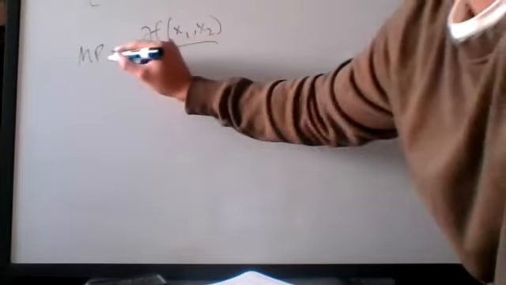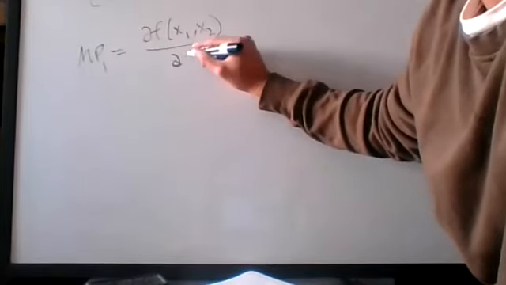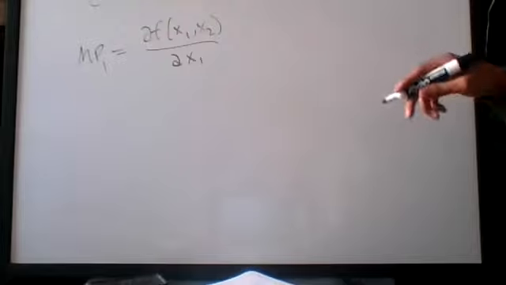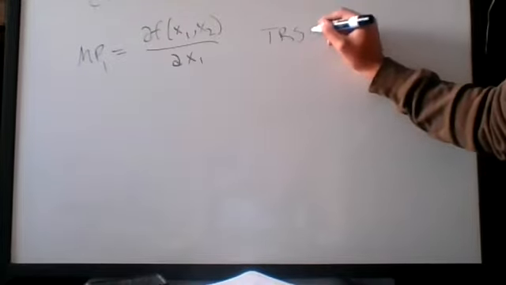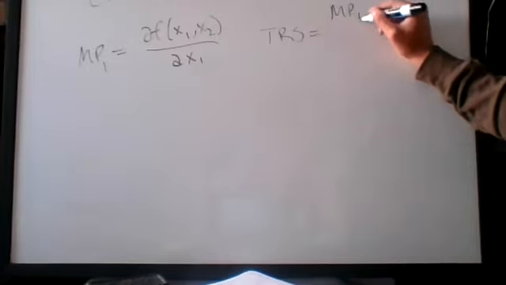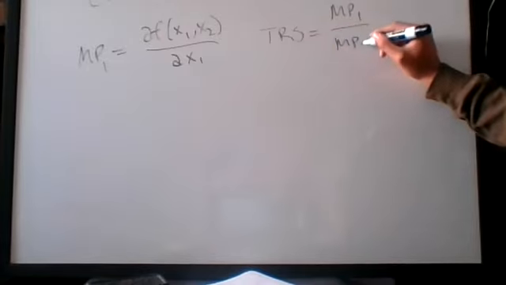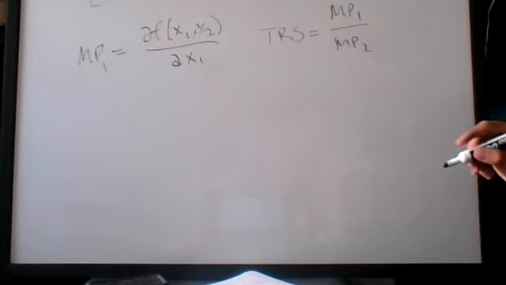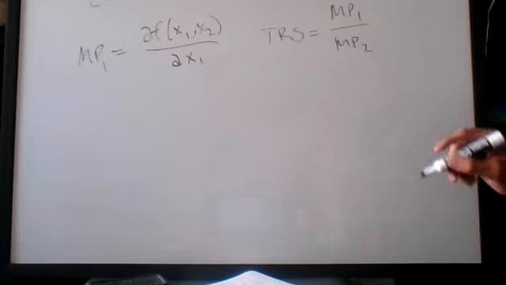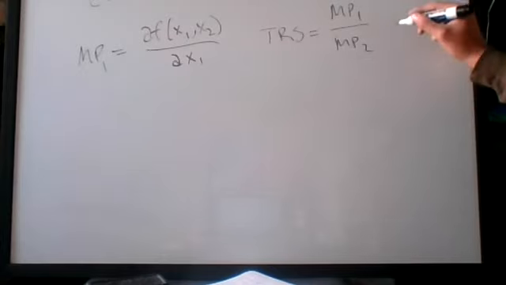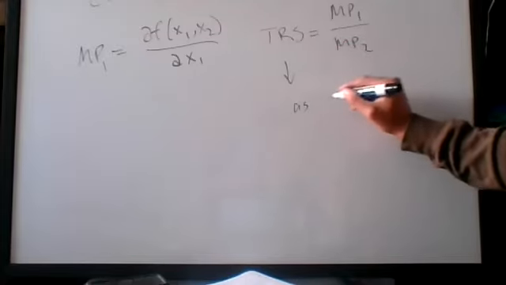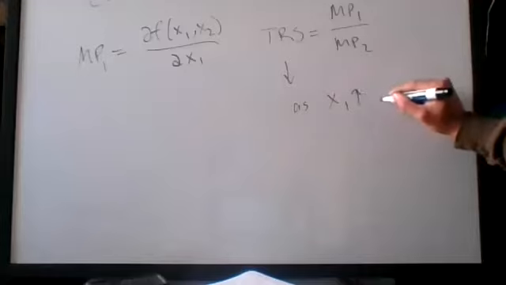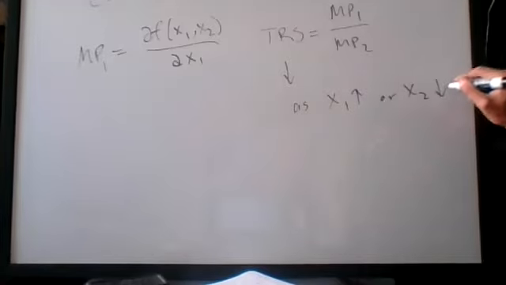Let's say it's with respect to good one. We know that our TRS is equal to MP1 over MP2. And so diminishing marginal product means that this ratio goes down as x1 increases or x2 decreases, right?